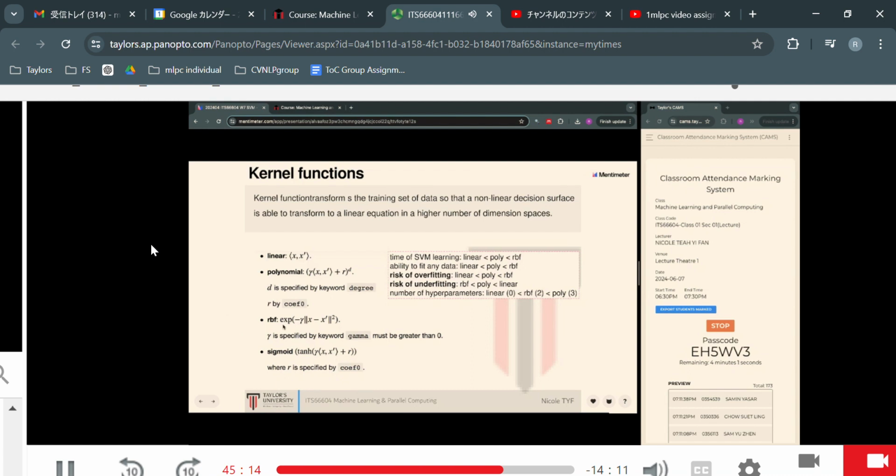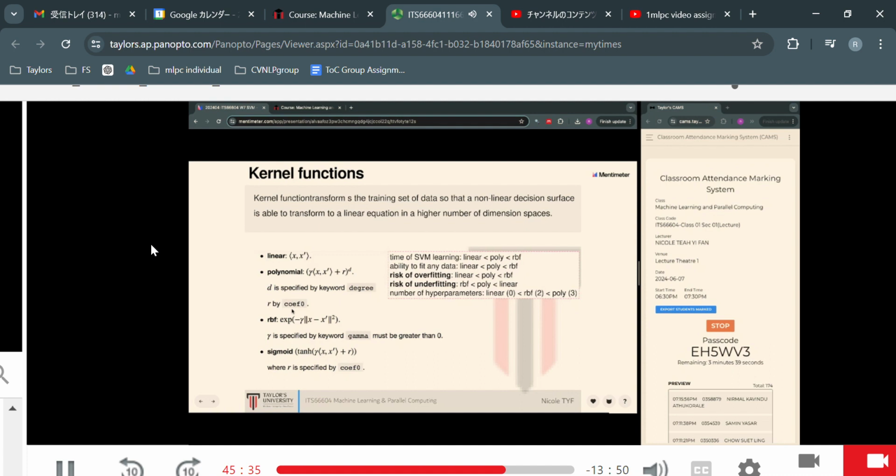Okay, so in the case where you are training a support vector machine, it is important to find the most optimized regularization parameter C, as well as to find the best kernel function that would separate your classes most effectively.